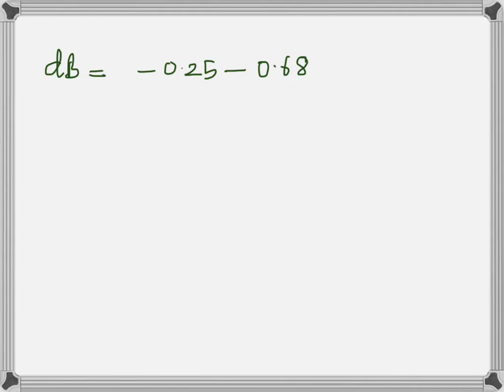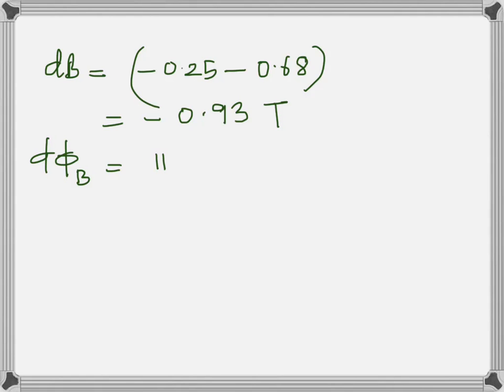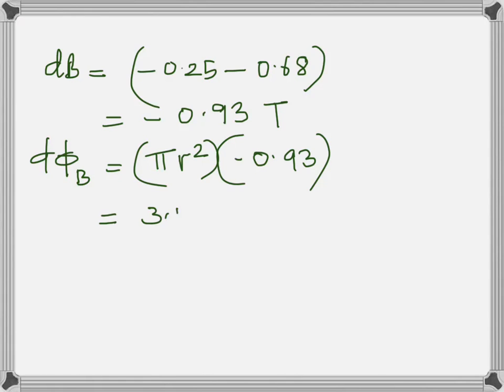Now that brings us to question number 1. In this case, you have a field that is first pointing up 0.68, then it's pointing down. So when you take the change, it's going to be taking down as negative 0.25 minus 0.68. And therefore the change in flux would be that multiplied by the area, which is pi r squared.